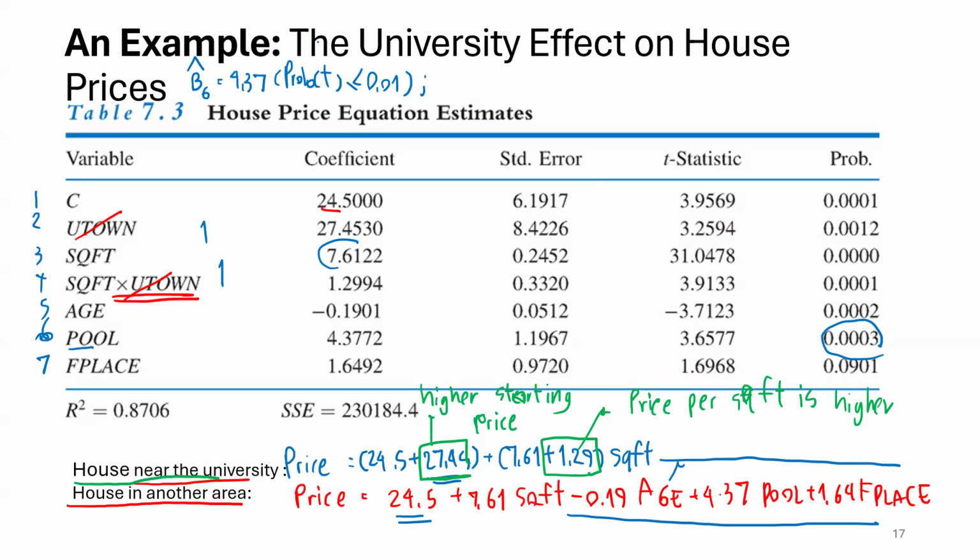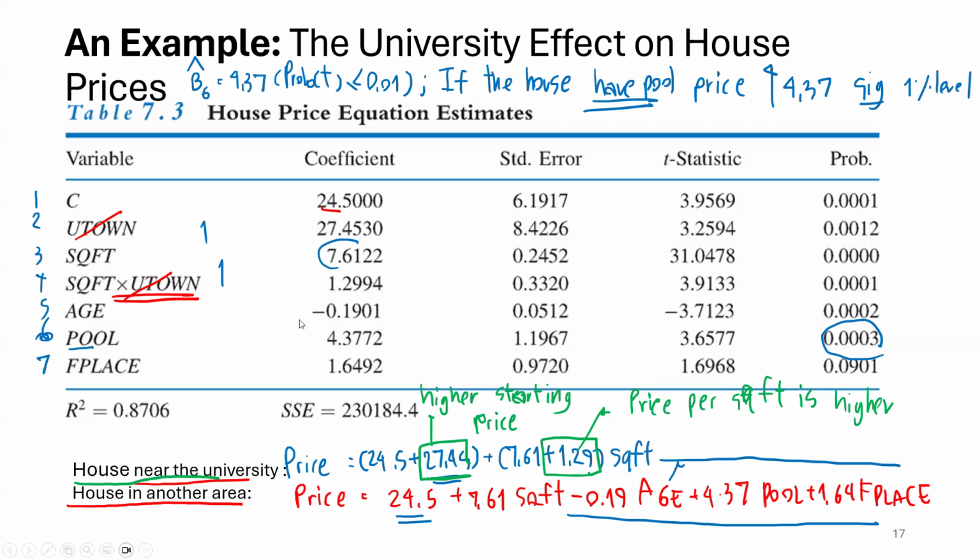To interpret the dummy variable, you have to say that if the house has a pool, the price increases, significant at the 1% level. This is the real meaning. Do not say have one more pool. You have to say have and don't have.